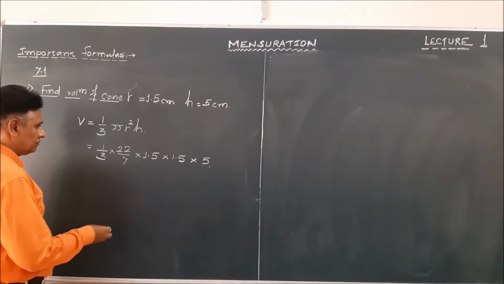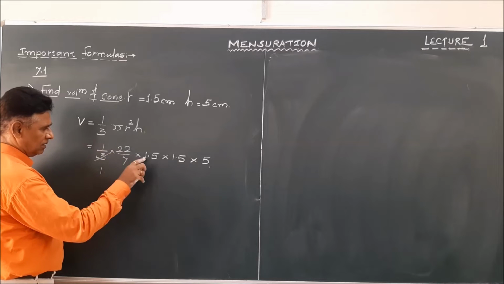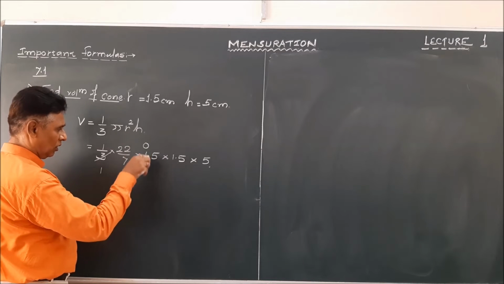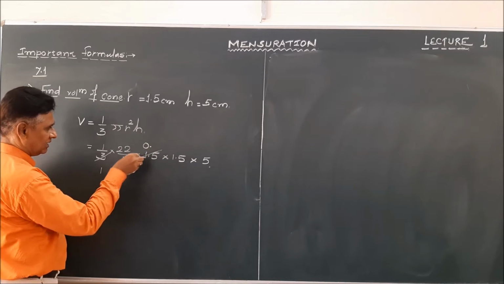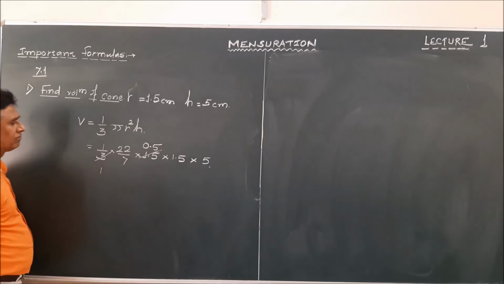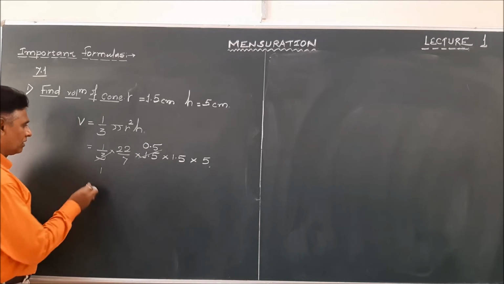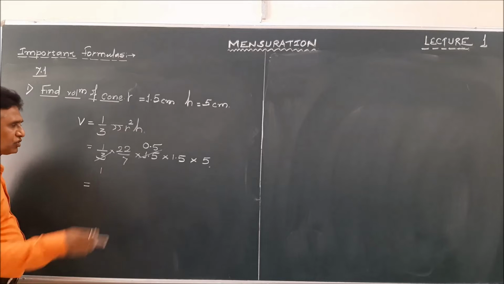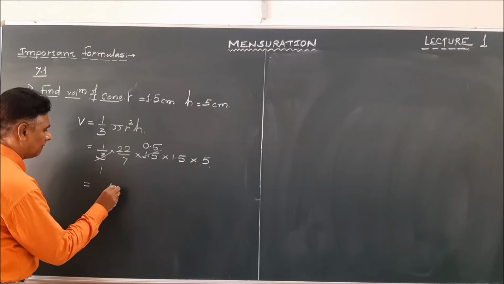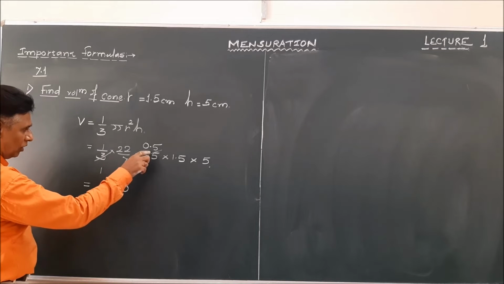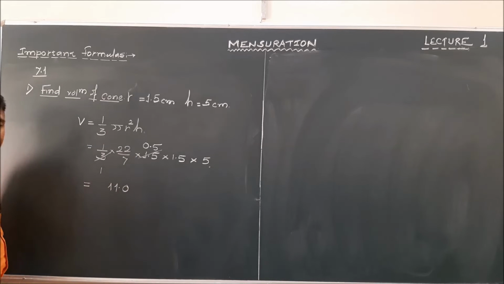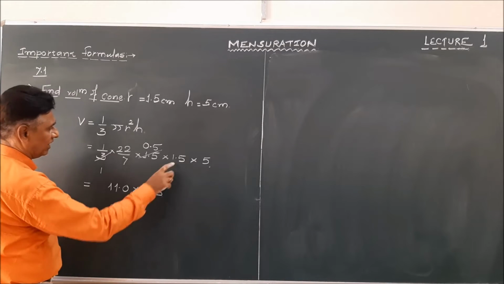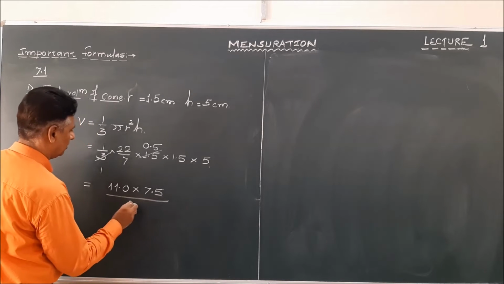Now very simple. 3 ones are 3. 1 is smaller than 3, so I'll place 0 and a point. Then 3 5s are 15, so 0.5. That is equal to 22 5s are 110, and 15 5s are 75, that is 7.5, upon 7.